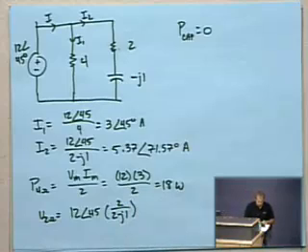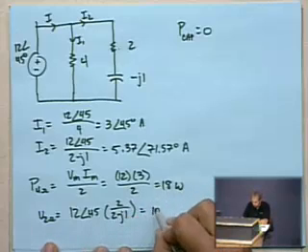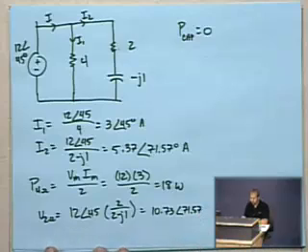So 2 divided by 2 negative J1 times 12 at an angle of 45. And so what I get is 10.73 at an angle of 71.57.